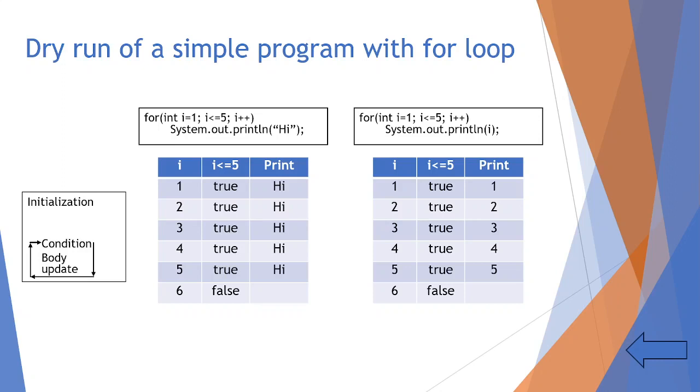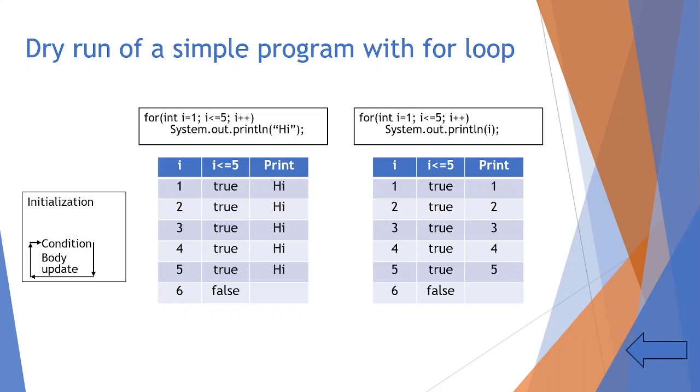See this dry run. While writing a dry run for a loop, we write the loop control variable, that is I, and the condition and the body. The body is a print statement and it is printing hi.